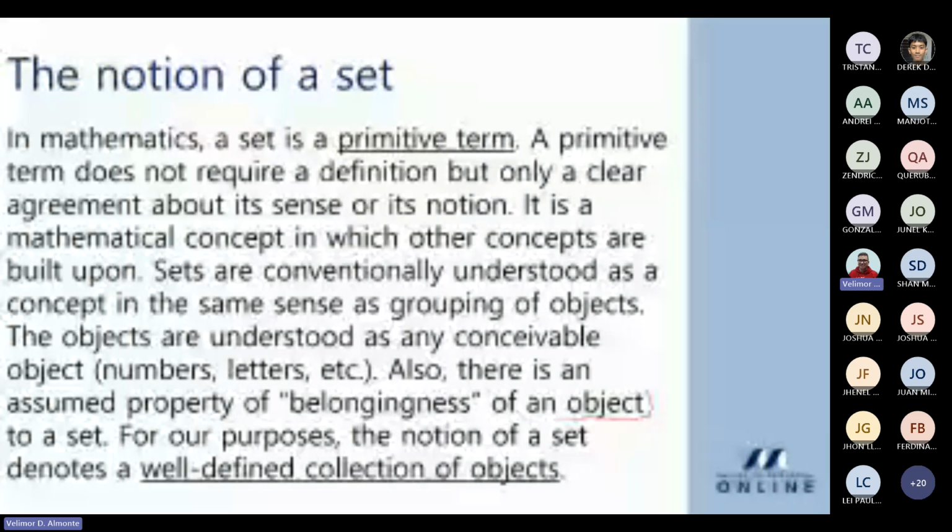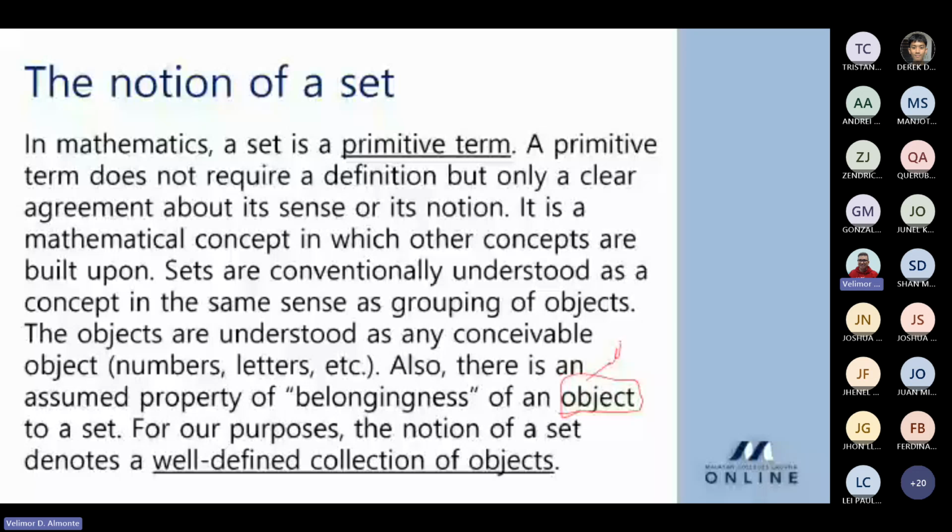The object is also referred to as the element or elements of the set. So using a short phrase, the notion of a set is this, underlined, it's a well-defined collection of objects.